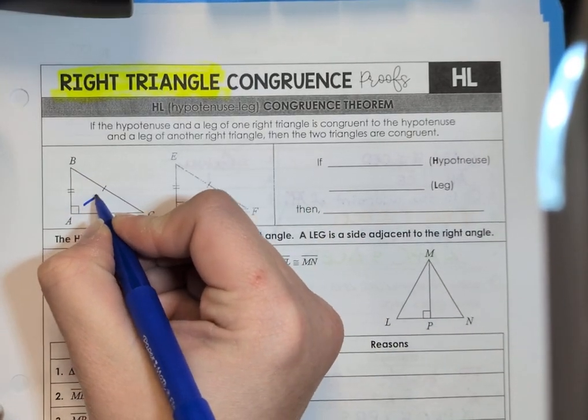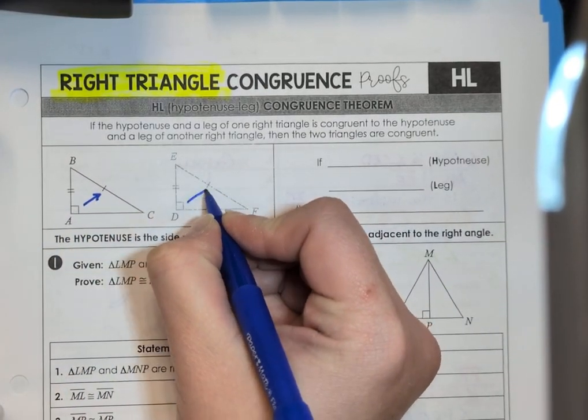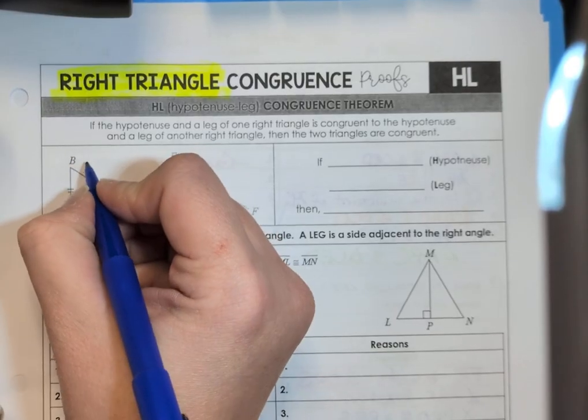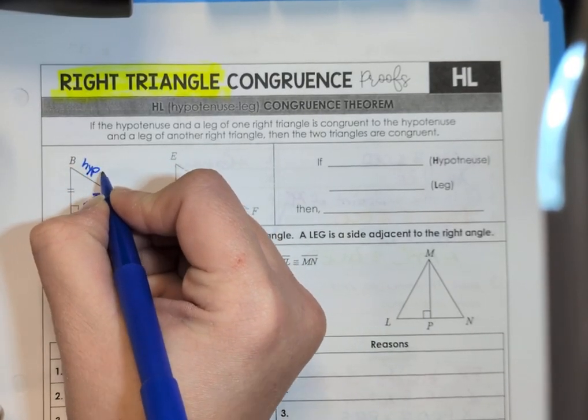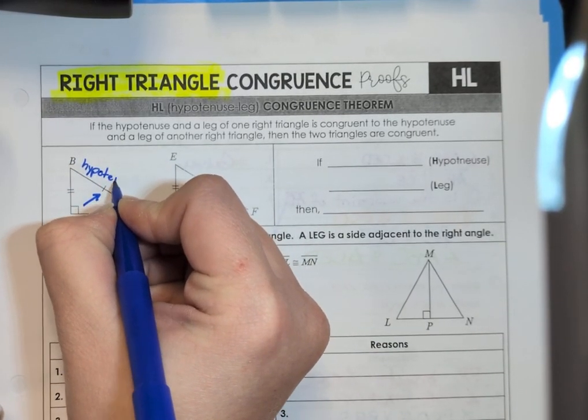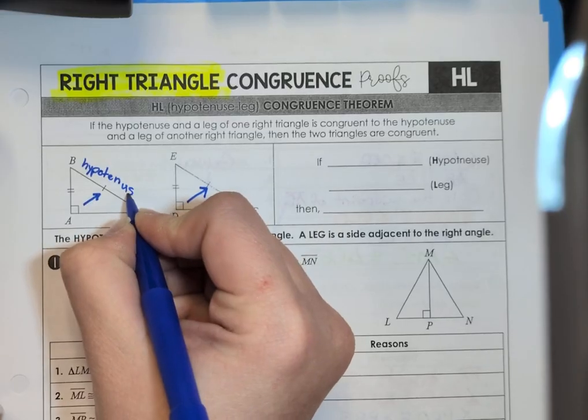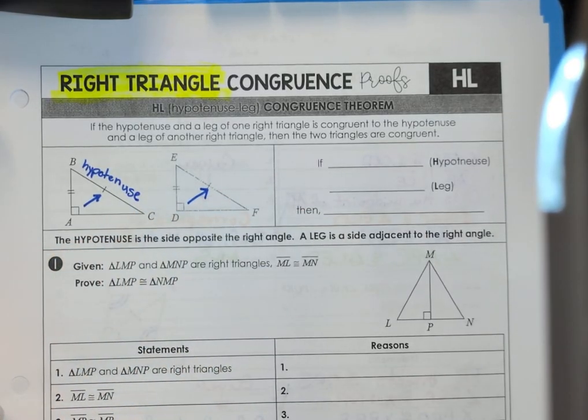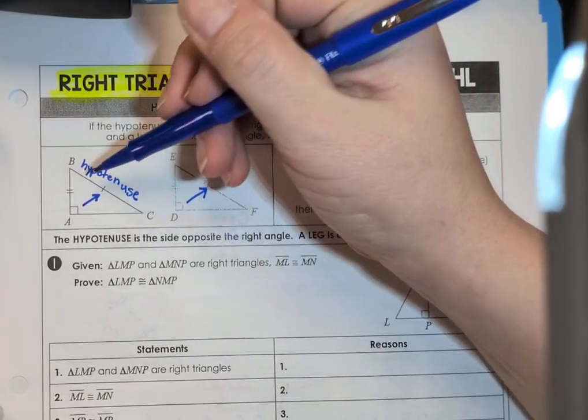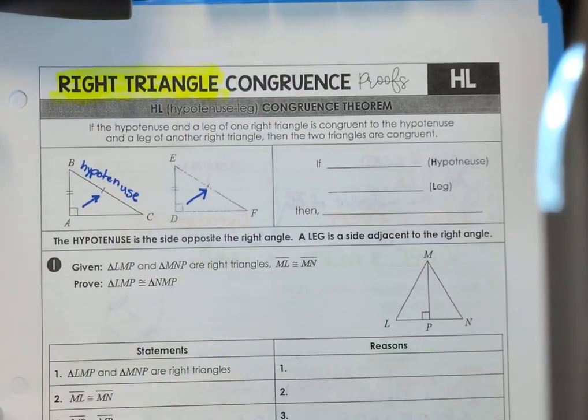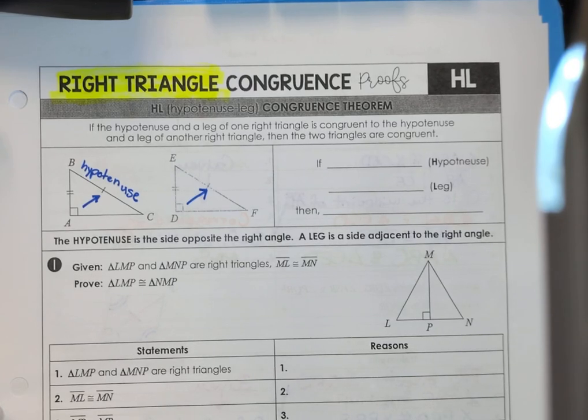It's the side across from your right angle. That's how you know it's your hypotenuse. The hypotenuse is always the longest side, and it's also the slanty side. You see how the other two make an L shape to make your right angle? But this one's slanty. Your slanty side is your hypotenuse, the one across from your right angle.